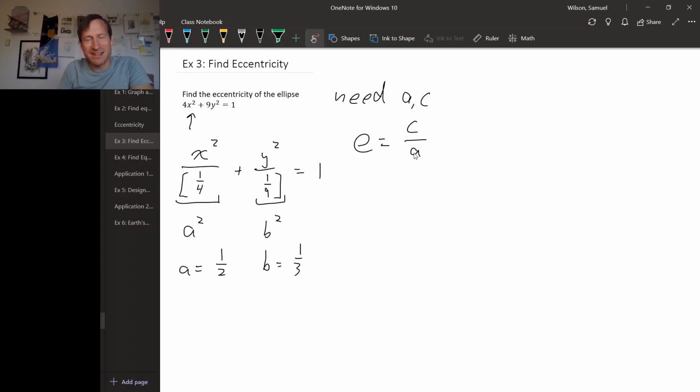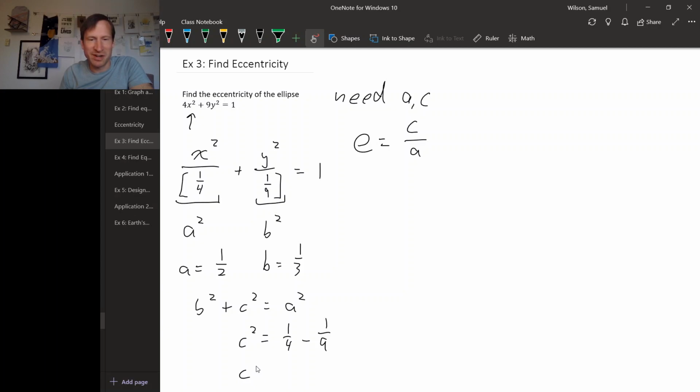But to know the eccentricity, we need to know the focal distance c. But as usual for an ellipse, b squared plus c squared is equal to a squared. So c squared is a squared, which is 1 over 4, minus b squared, which is 1 over 9. And then we need to take a square root.